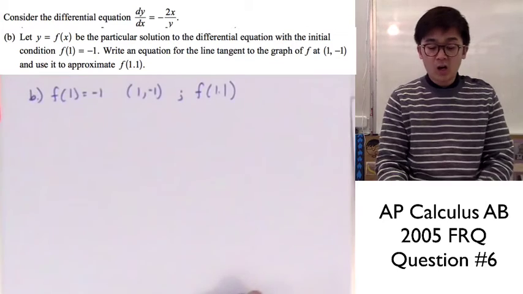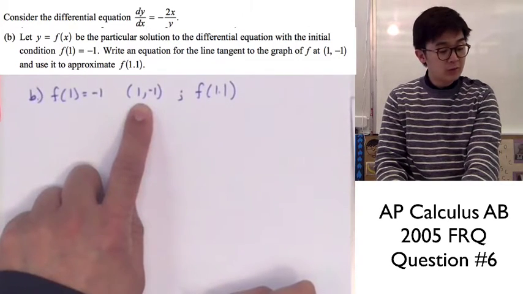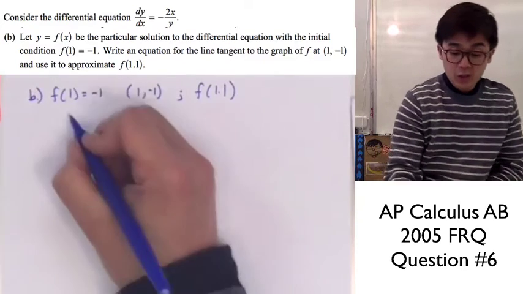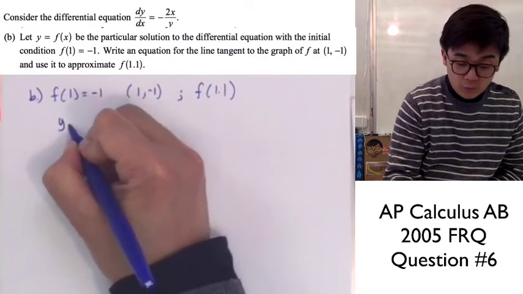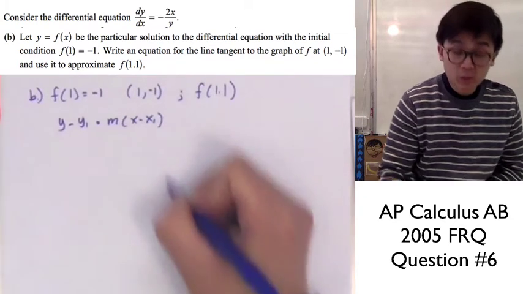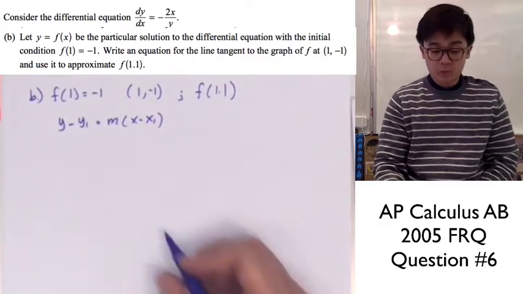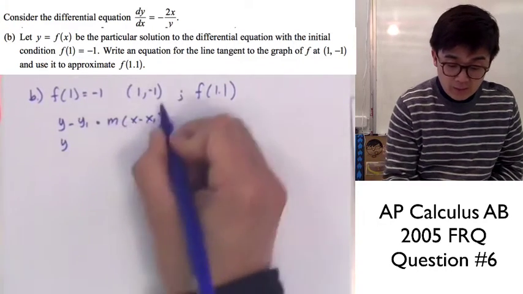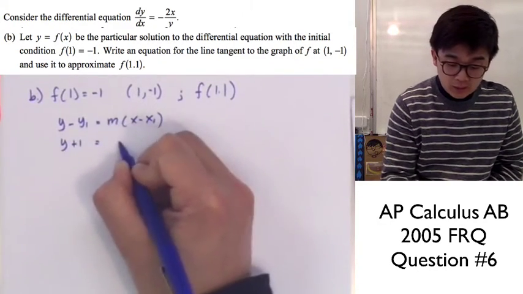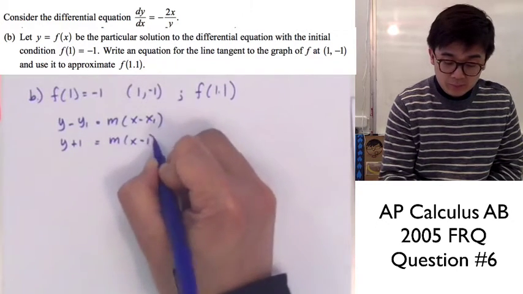Since we are given the point, we're just supposed to find the equation of the tangent line. Using the point slope form, y minus y sub 1 equals m times x minus x sub 1, we'll be able to find our tangent line at point 1, negative 1. So we have y plus 1 equals m of x minus 1.